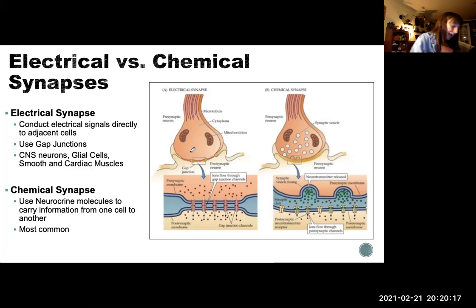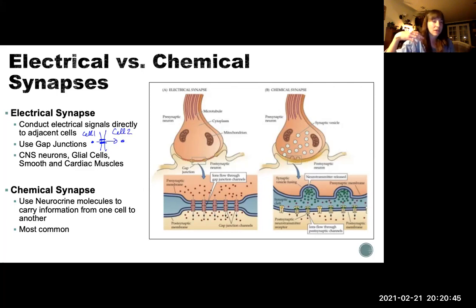If you don't remember gap junctions, those are the ones where you have one cell wall, the other cell wall, and you basically make a tube in between them so that stuff can pass between cell 1 and cell 2. So instead of having a synaptic cleft, you actually have passageways from the presynaptic cell to the postsynaptic cell.